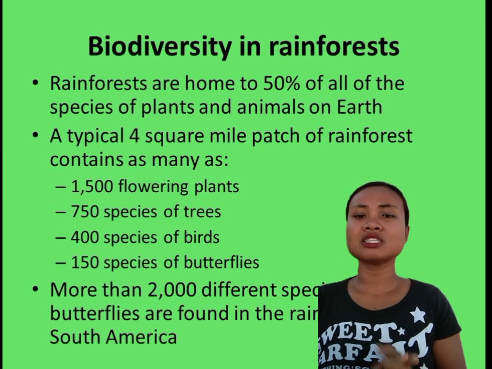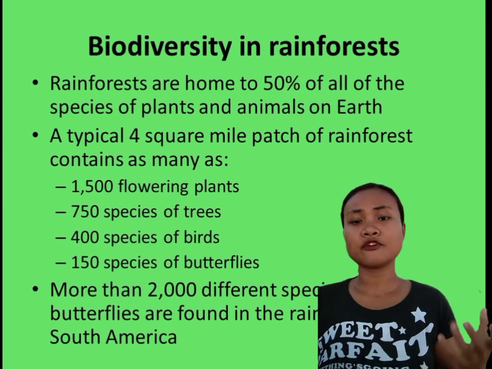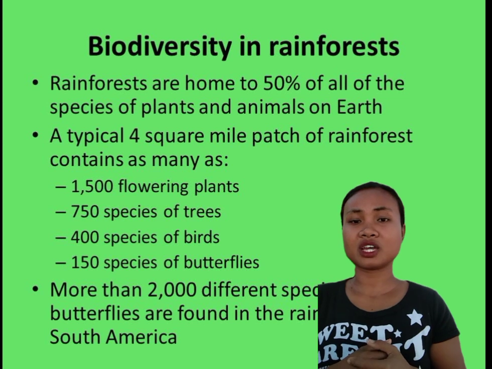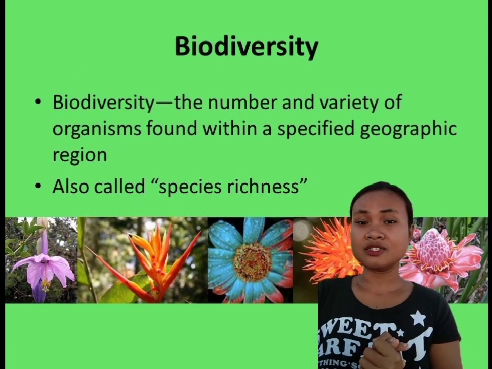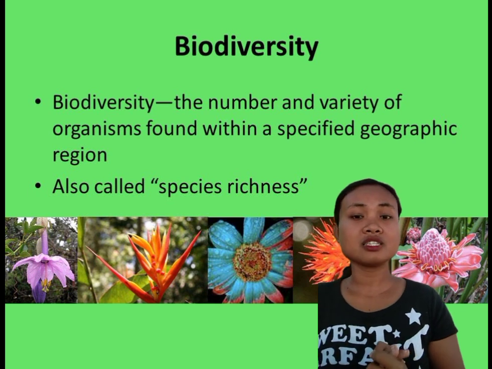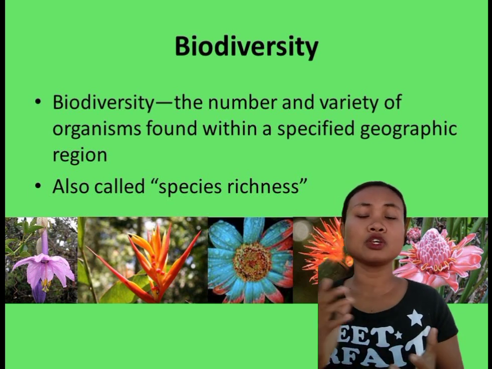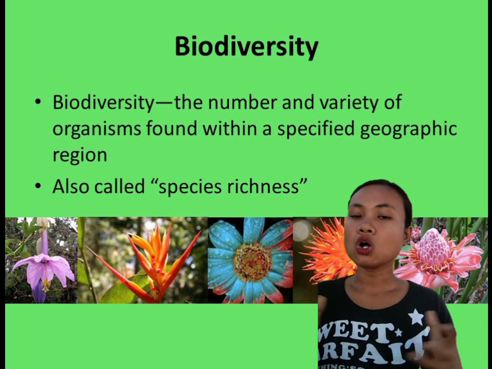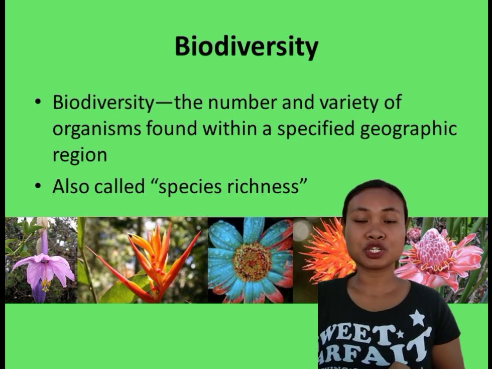More than 2,000 different species of butterflies are found in the rainforests of South Africa. Biodiversity is the number and variety of organisms found within a specific geographic region, also called species richness.